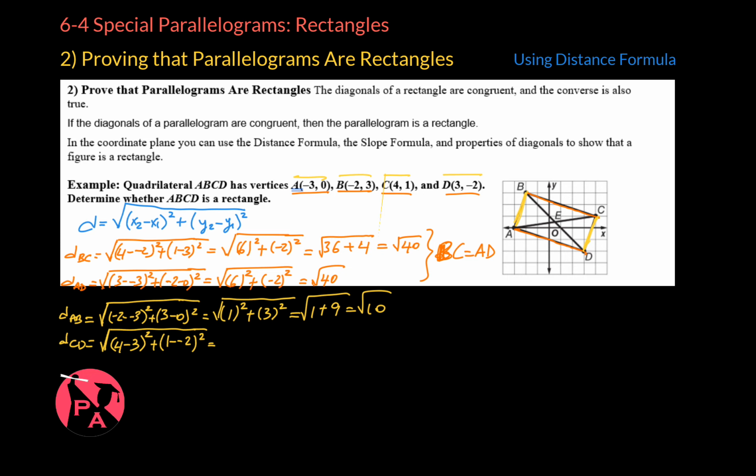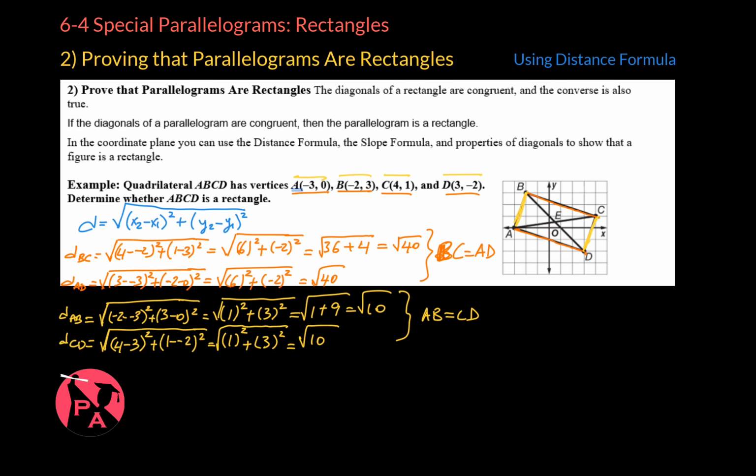The first one, 4 minus 3 is 1, you're going to square that number, plus 1 minus negative 2 is the same as 1 plus 2 or 3. Now we're going to square that. As you see, these two numbers and these two are exactly the same, so your answers must be the same. Now, the conclusion from these two is the length of AB and the length of CD are the same.